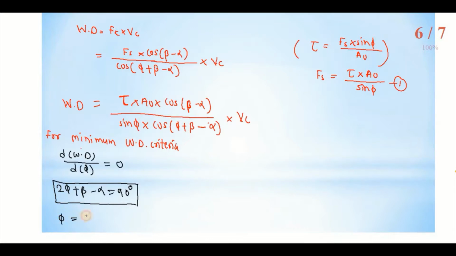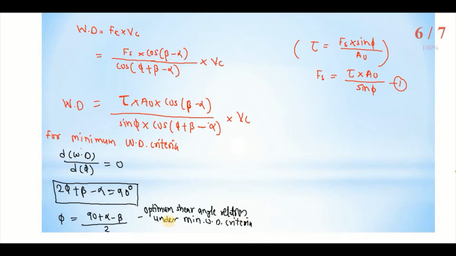We can write phi equal to 90 plus alpha minus beta upon 2, which is the optimum shear angle relation under the minimum work done criteria, or the Merchant shear angle relation.